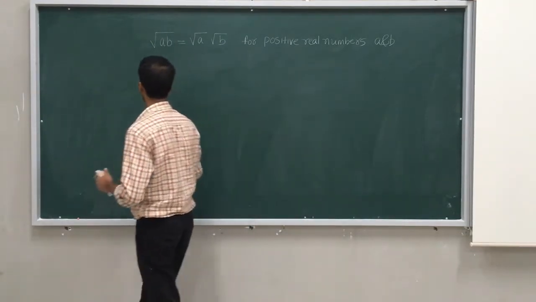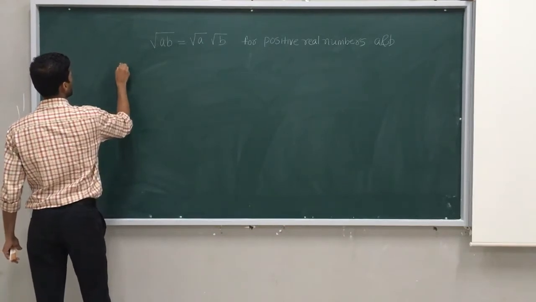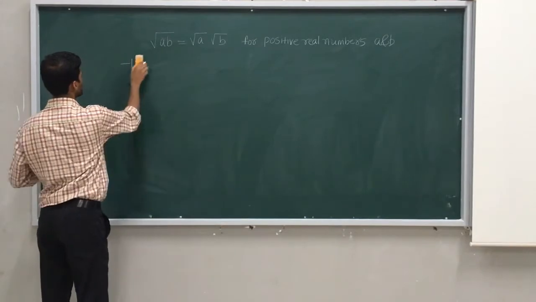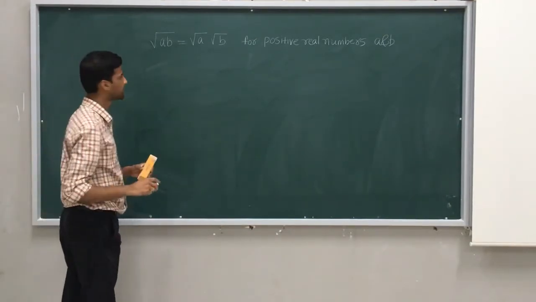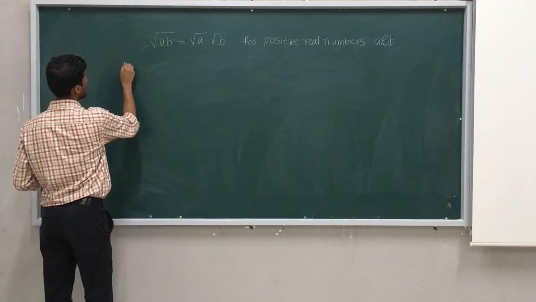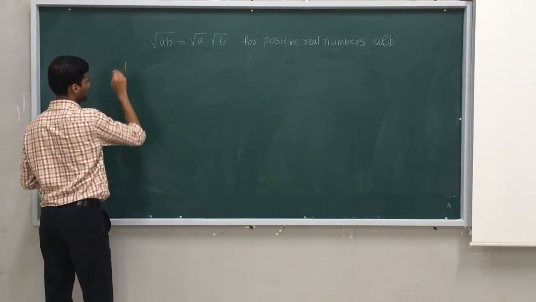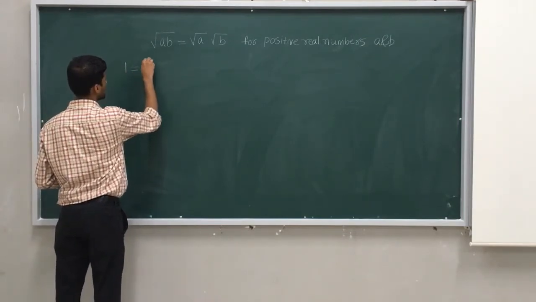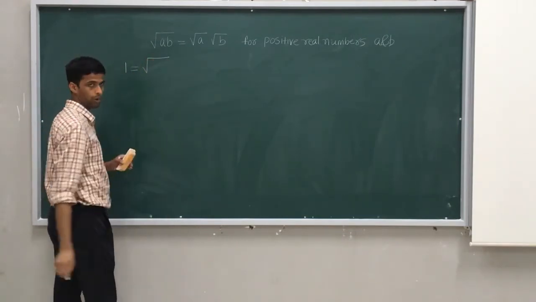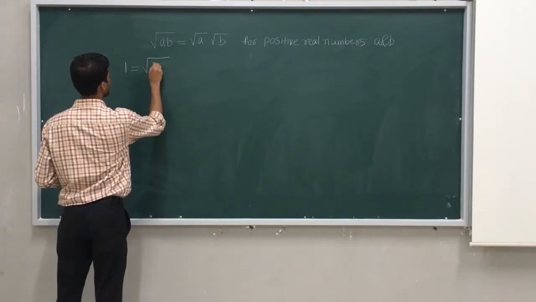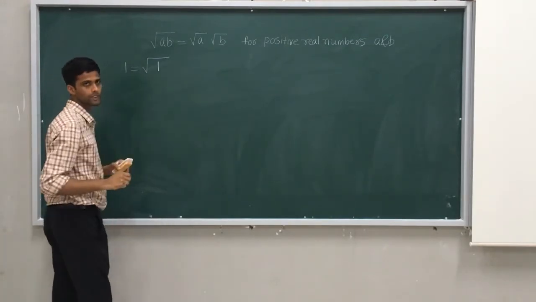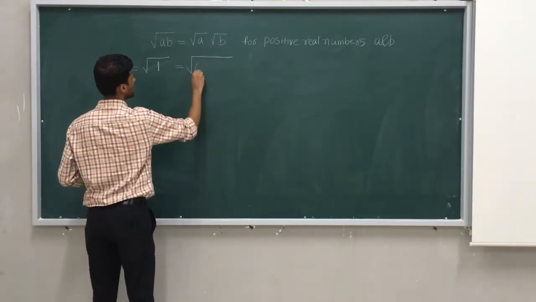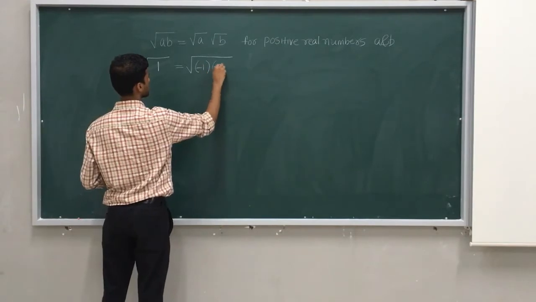For time being, I will consider minus 1. What we will do here is, instead of this, we will take 1. So 1 can be written as root of 1. Now this 1 can be written as minus 1 into minus 1, right?